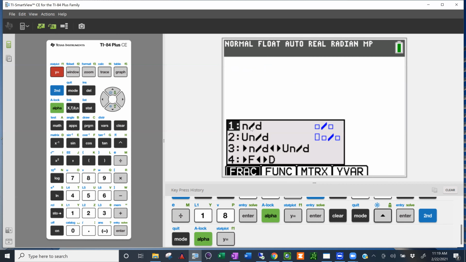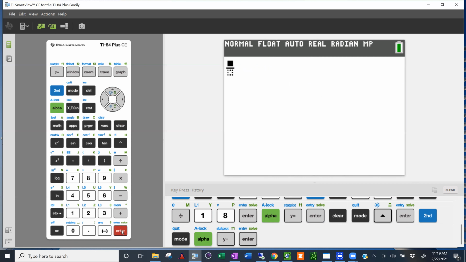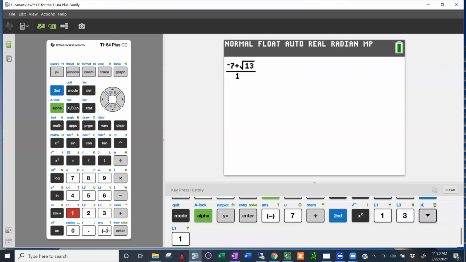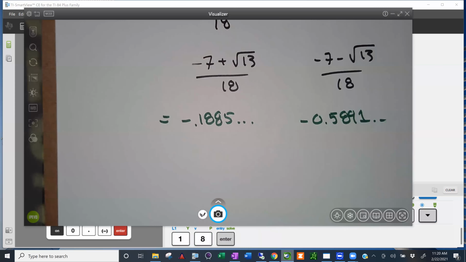The first option you have here is for a regular fraction, kind of the way we would write it. So in this case, I won't need parentheses. I'll just do -7 plus the square root of 13. And that's all in the numerator. Hit the down arrow to put the 18 in the denominator, and there you go. So a lot of different possibilities. Hopefully one of them works for you.